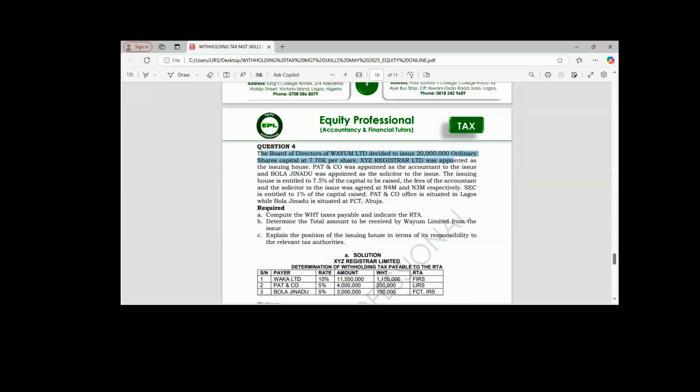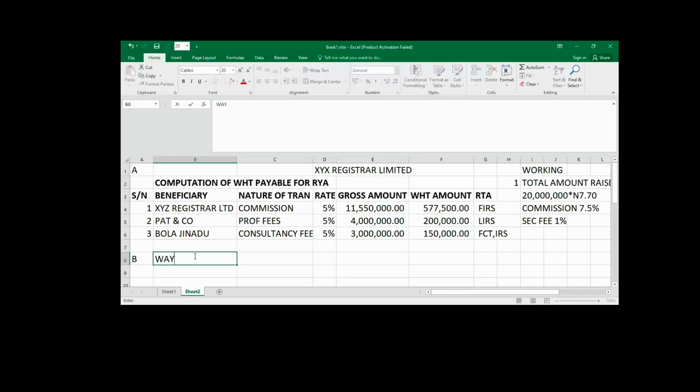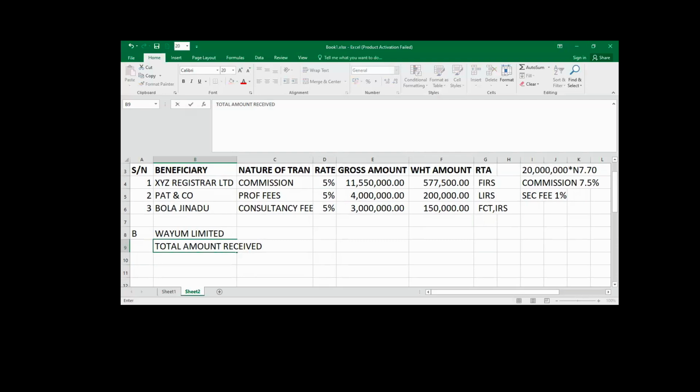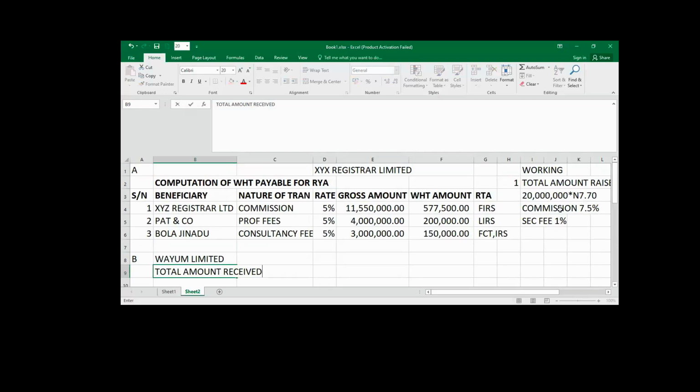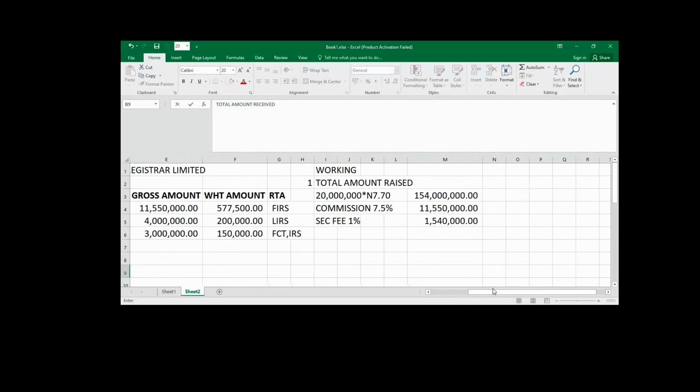So let us look at it. Total amount received by Wahum Limited. They are supposed to receive the total money that will be raised from this issue, which is 154 million.